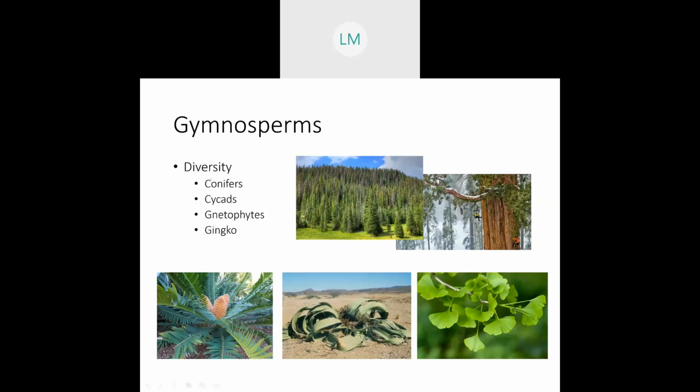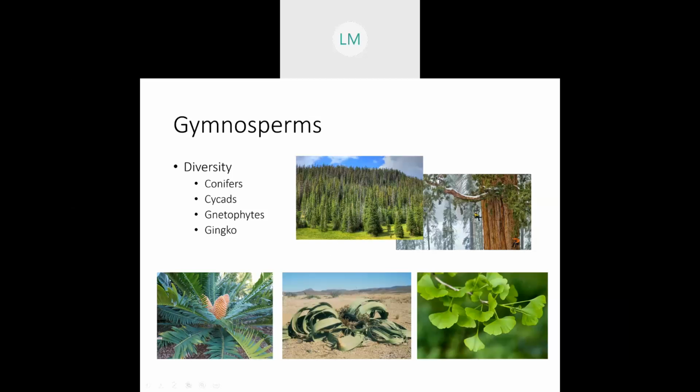So the biggest group that we have are the conifers. We're all familiar with conifers here in Colorado. So these are some pictures of some conifers there. Some of the biggest plants that we see on Earth are conifers, right? The giant trees we see out in California, pictured here. These are conifers. But we have some other gymnosperms that aren't conifers.